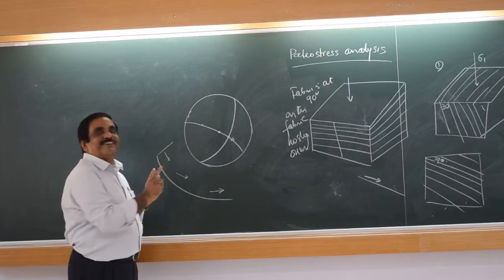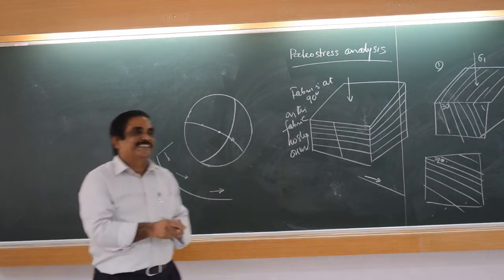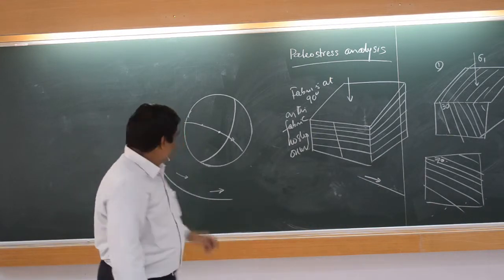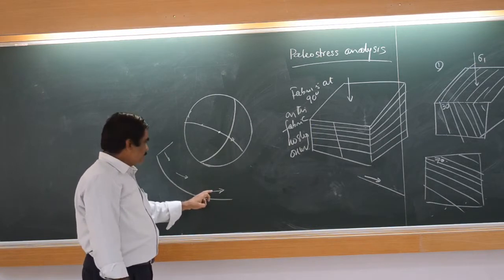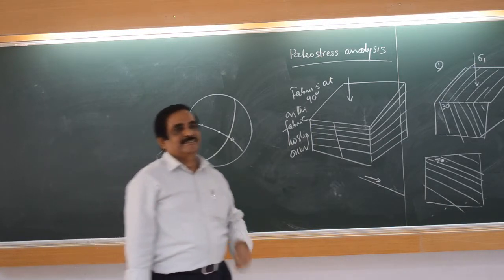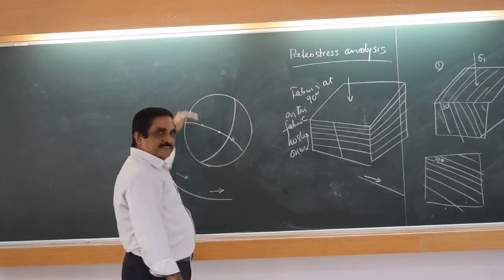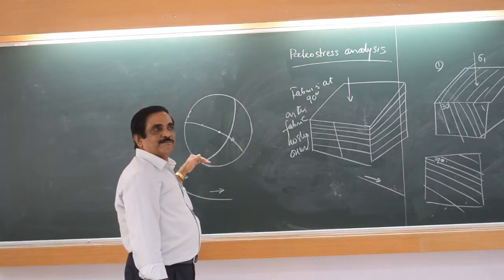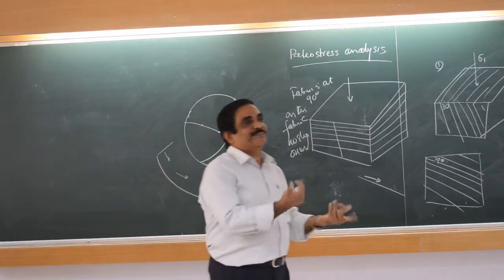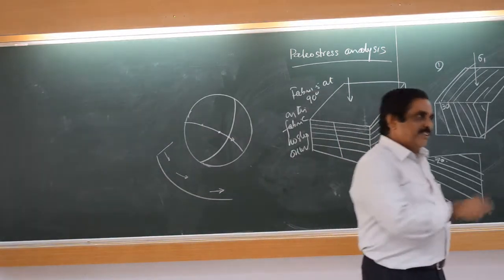But this is the same fault. There will be one stress only. So if that is the case, by just taking 30 degree you are making a mistake. Definitely sigma 1 is lying somewhere here, but at what angle it is lying, you do not know. You understand this part?